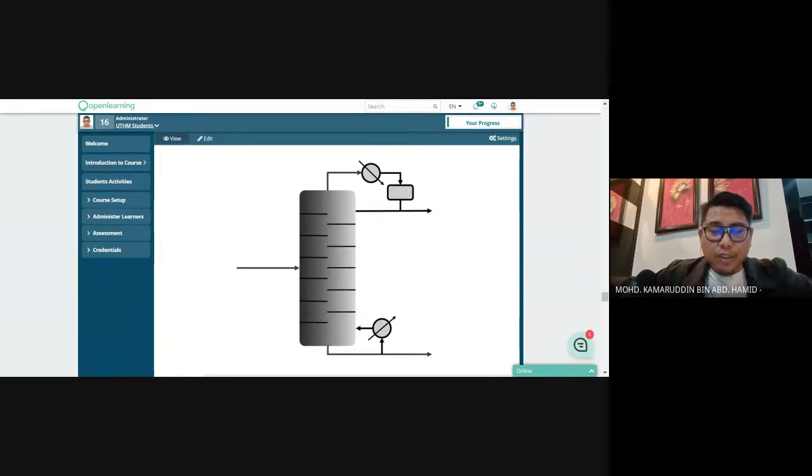Sebab tu distillation column ni dia punya condition is moderate. You cannot have a volatile component which is non-condensable, and you cannot also have heavier components, which are difficult for you to make vapor using steam. So they are moderate.